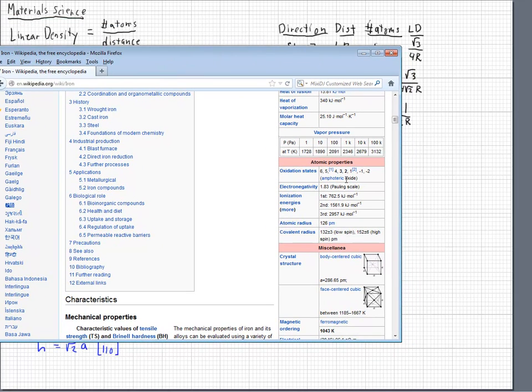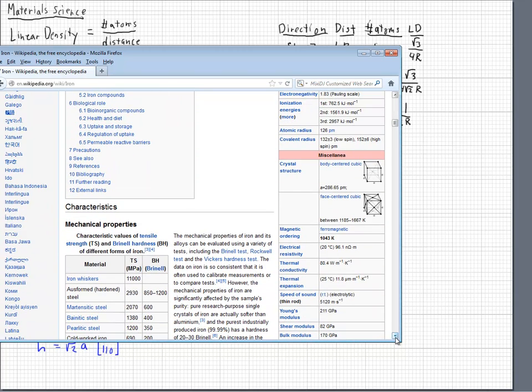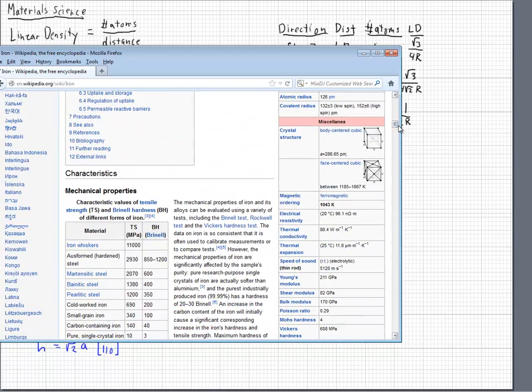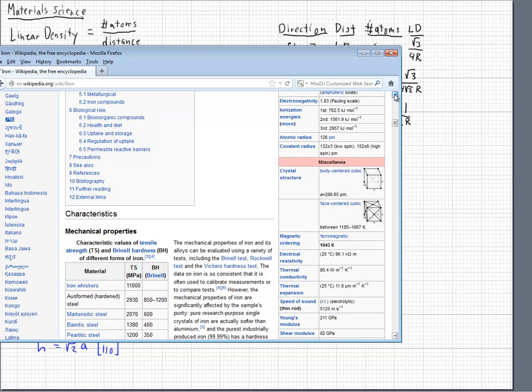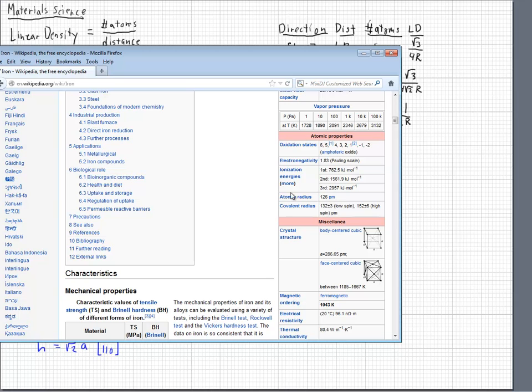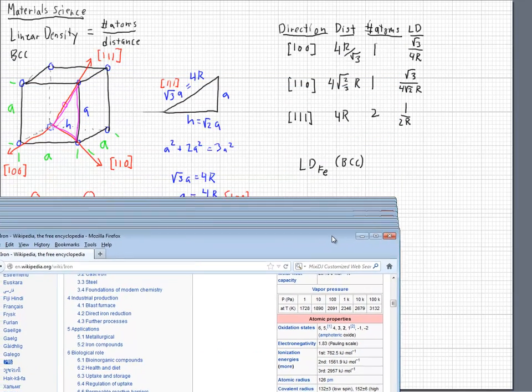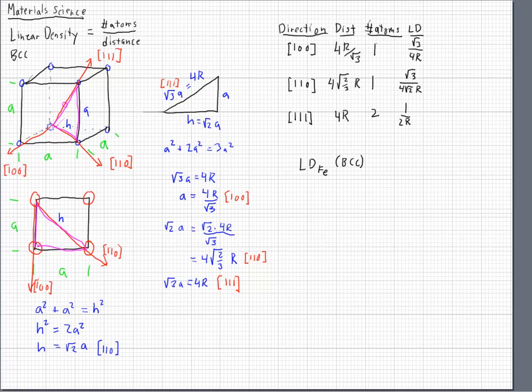So we can punch up iron here in our favorite reference, Wikipedia, and we find that it is body-centered cubic most of the time, but face-centered cubic between 1185 and 1667 Kelvin. And also the atomic radius is 126 picometers, or 0.126 nanometers. Now, other references might have a different value for that, but it's not going to be that different. So we'll just move that out of the way.